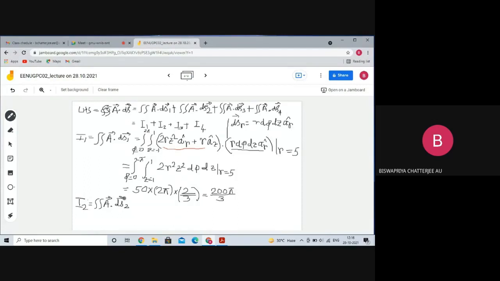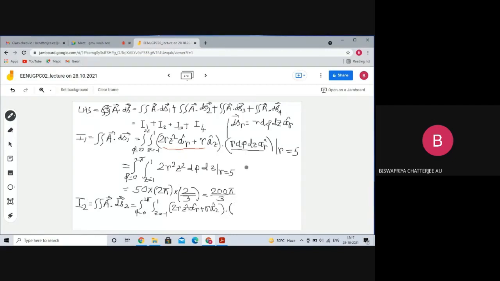Now this is dS2, so the integration limits will be the same: phi equal to 0 to 2 pi, z equal to -1 to 1. So your vector is 2r z square ar cap plus r az cap.